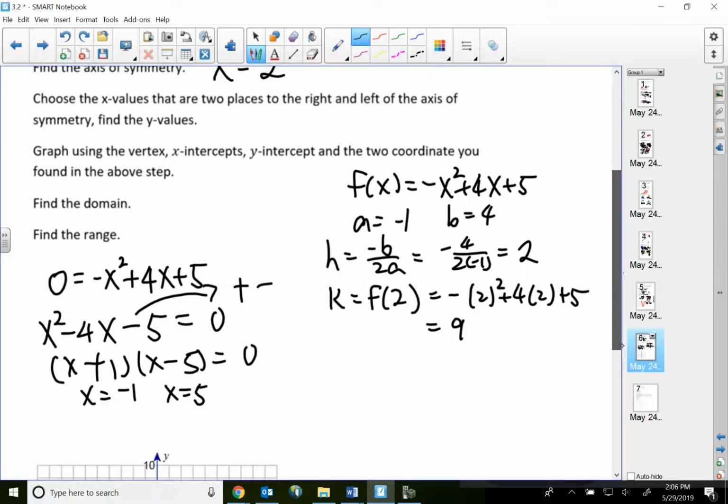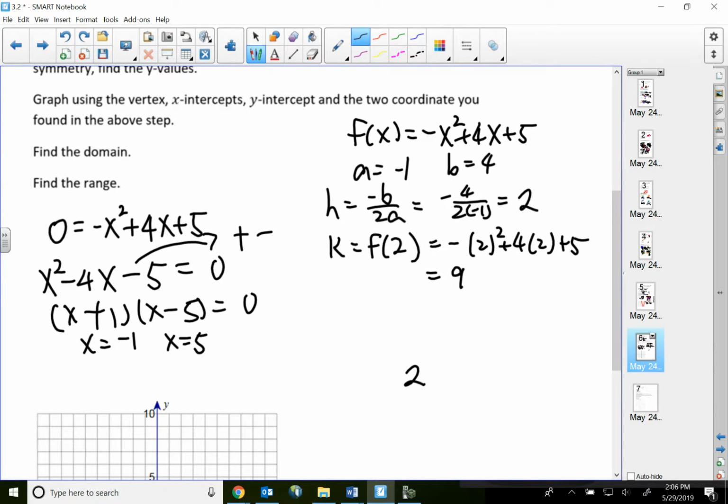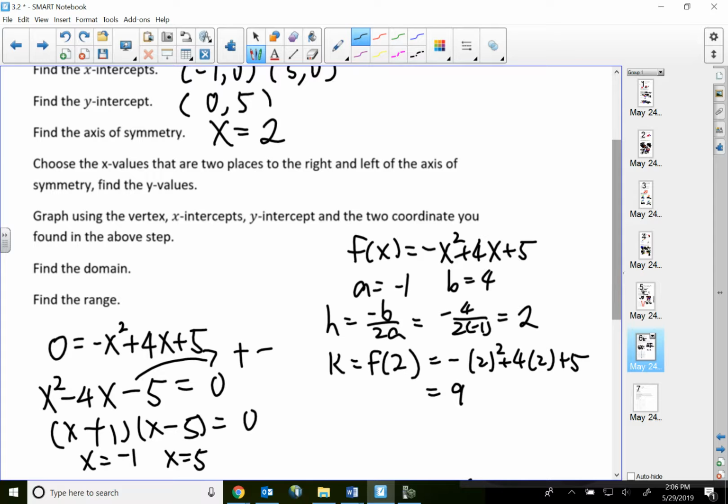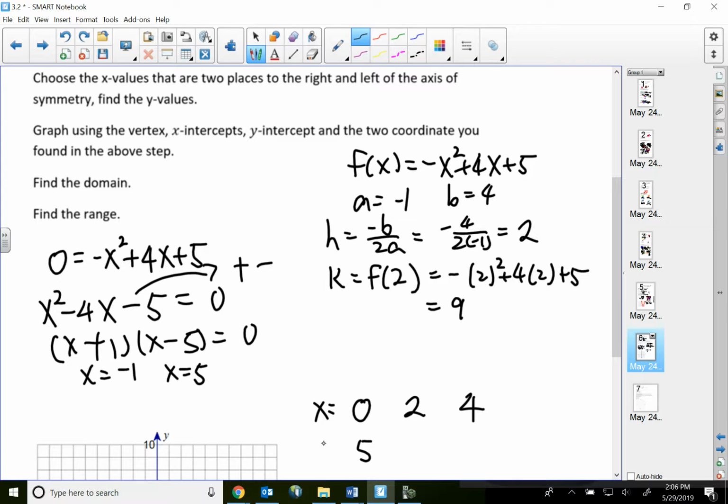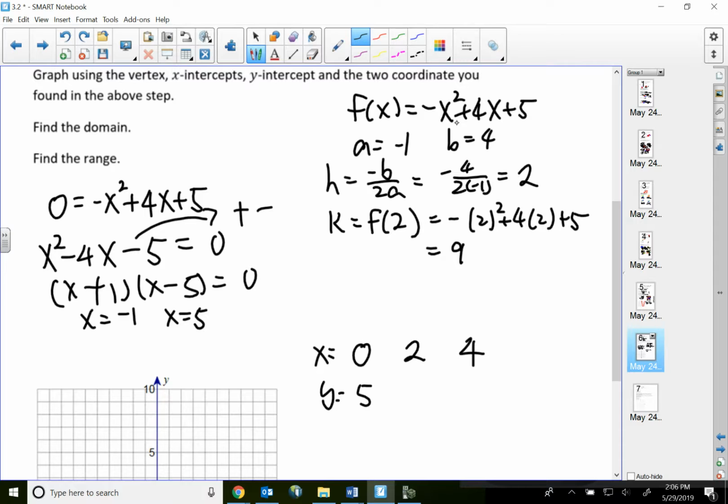All right, so let's pick 2 points again. So 2 is my vertex. So I need to go 2 places to the right, which is 4. 2 places to the left is 0. So earlier when x was 0, the y value was 5. So we're taking care of that. So 2 places to the right, imagine I substitute 4 for x. That would be f of 4: -4 squared plus 4 times 4 plus 5.